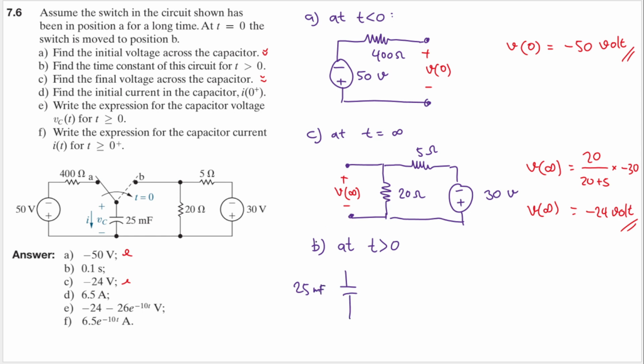And then the other one, we have the 20 ohm resistor. And then we also have that 5 ohm resistor. And then we have that flipped voltage source, which is 30 volt.